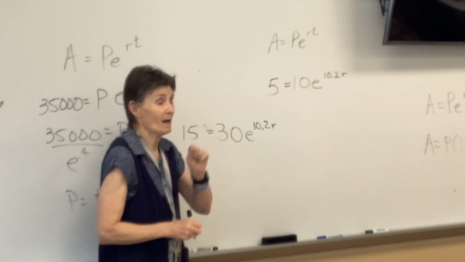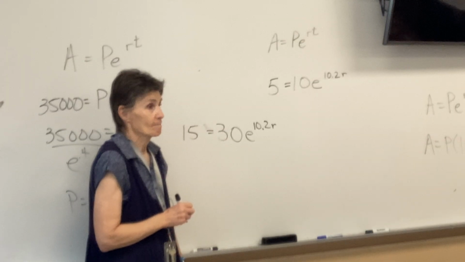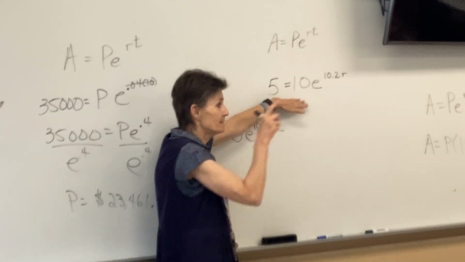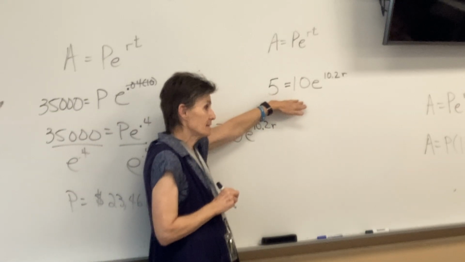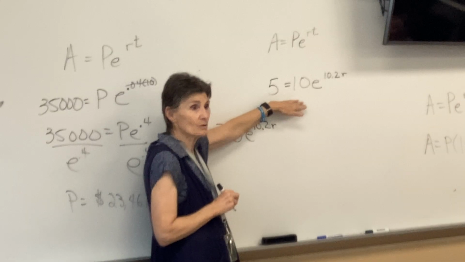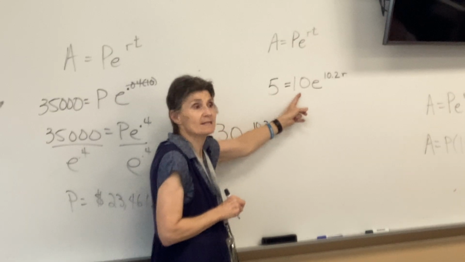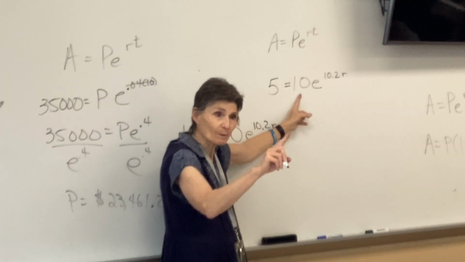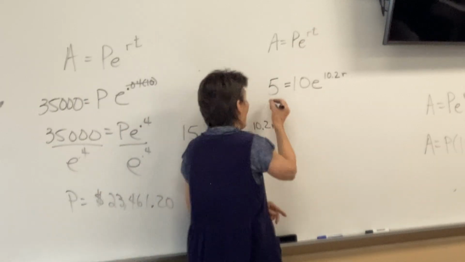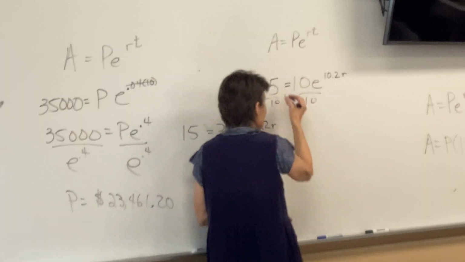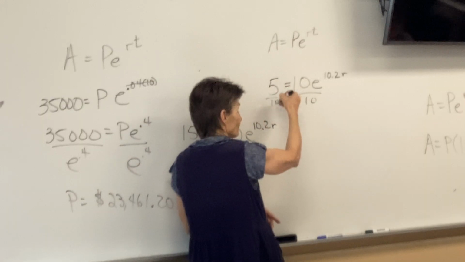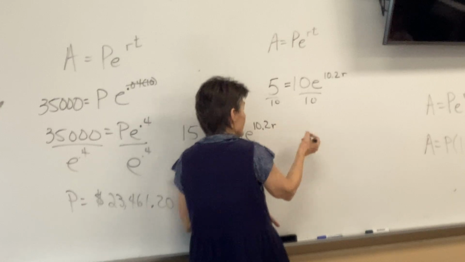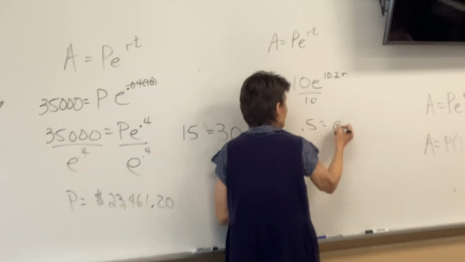What's step 1? Yes. Divide by 10. Boys and girls, what have I told you like a zillion times now about having a number out in front? Get rid of it. What happens when I divide by 10? What is this over here? 0.5. That's a half, isn't it?